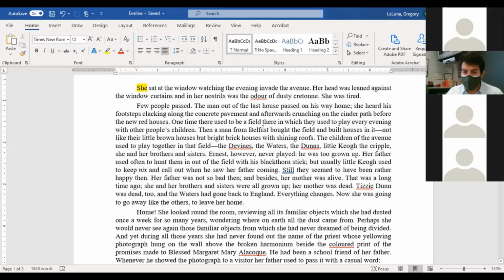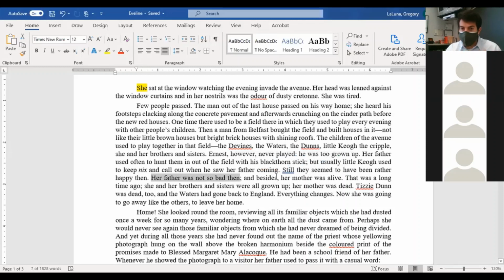But now life's kind of dreary. We know that her father was not so bad then, implying that her father is bad now. So there's problems there. Her mother was alive back then. So one parent's dead, father's getting worse, these other people are dead. So she's looking back at the past as a time when things were still good.